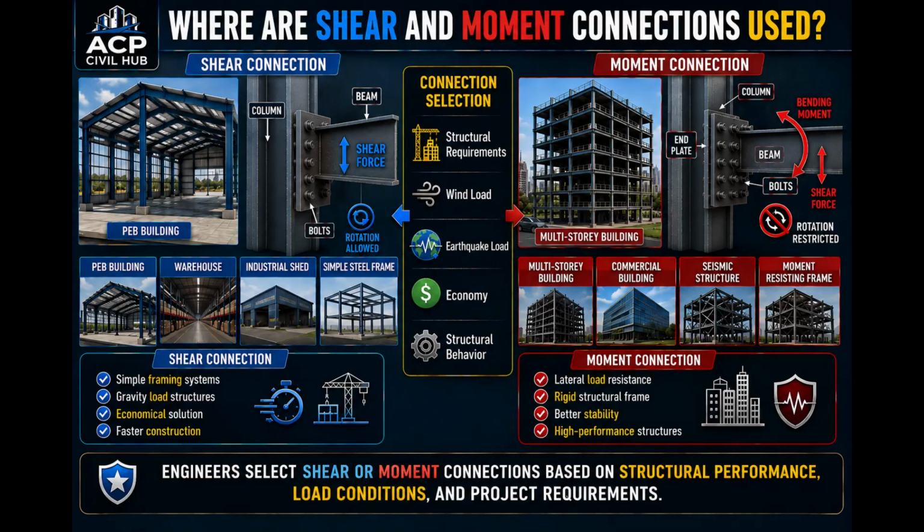The selection of a connection depends on structural requirements, wind loads, earthquake loads, economy, and desired structural behavior. Engineers choose the connection type that best satisfies the performance requirements of the project.